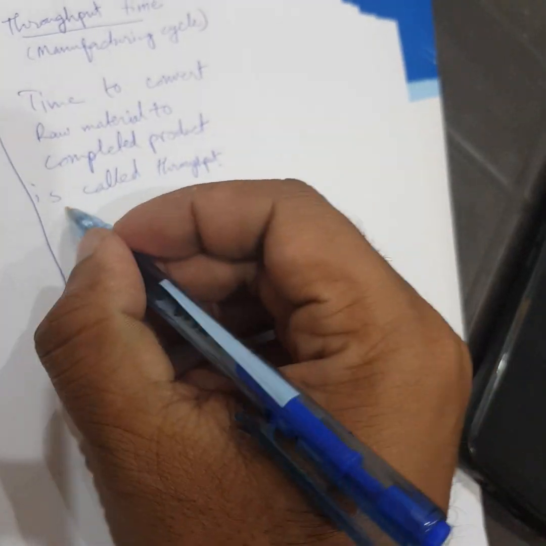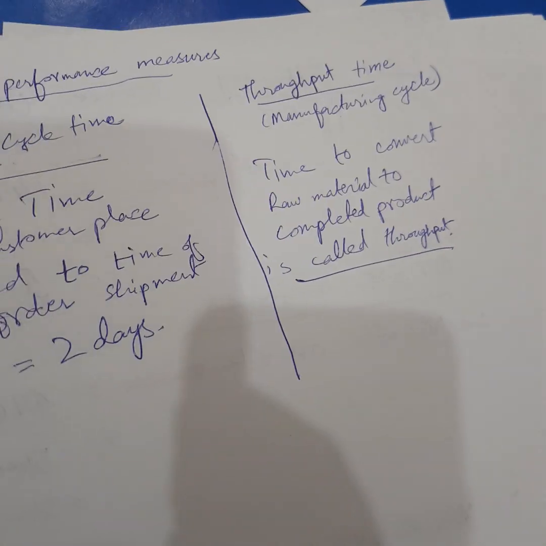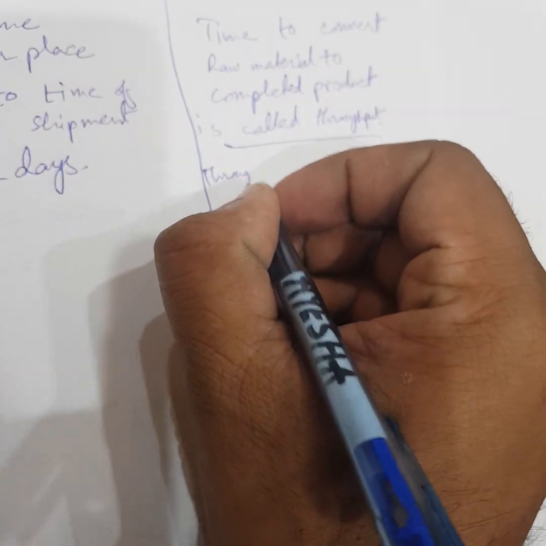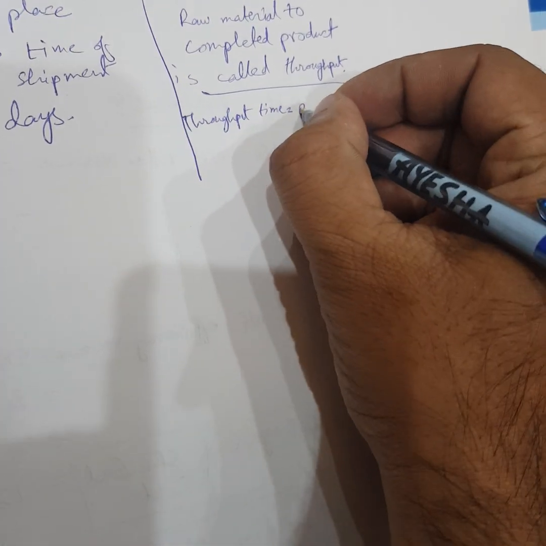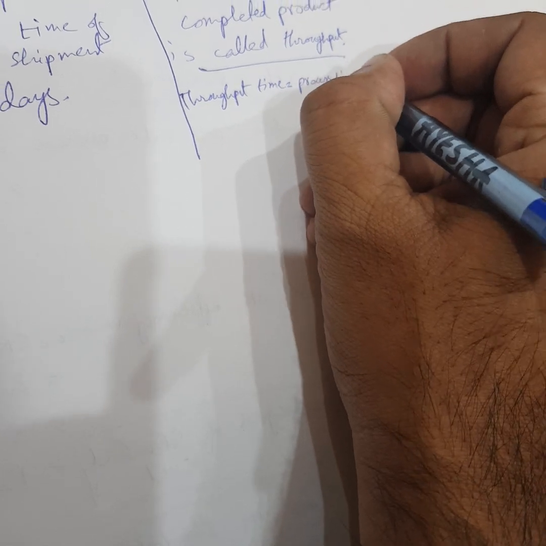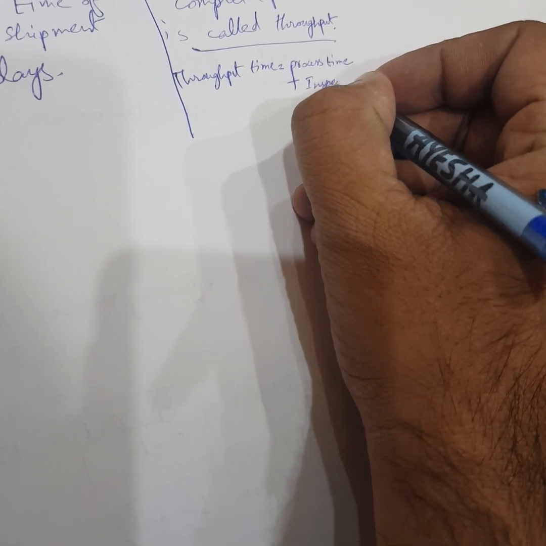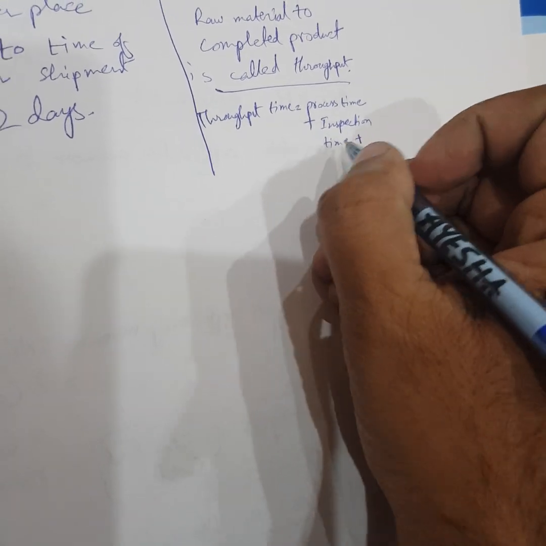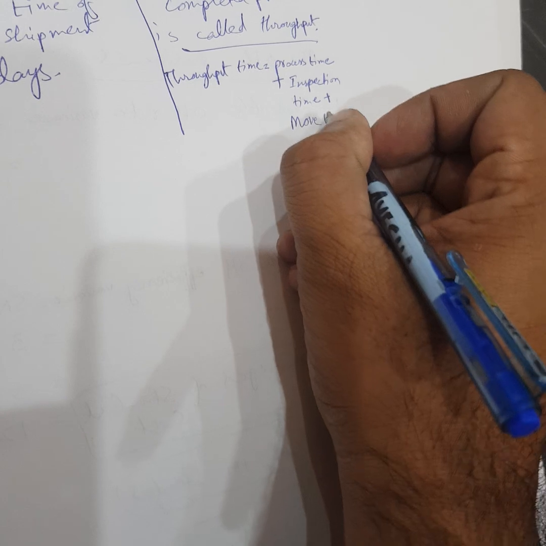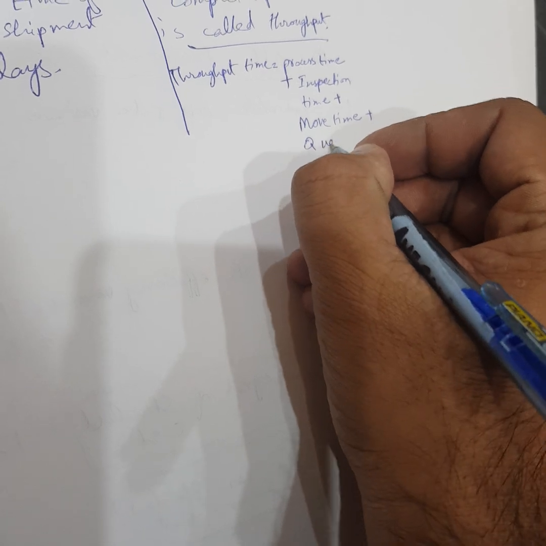There is a formula for throughput time: throughput time is equal to process time plus inspection time plus move time plus queue time.